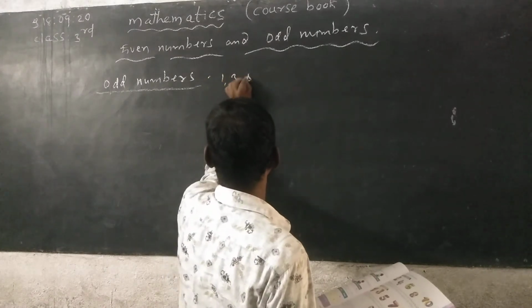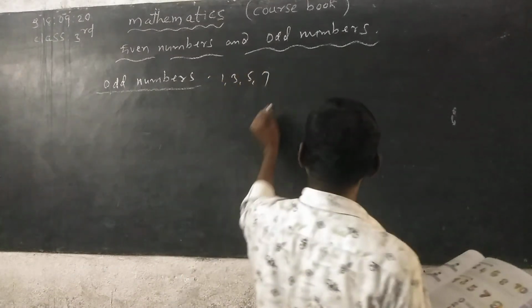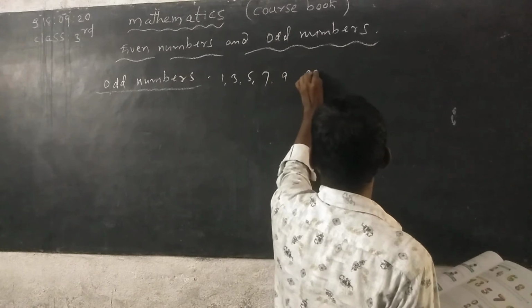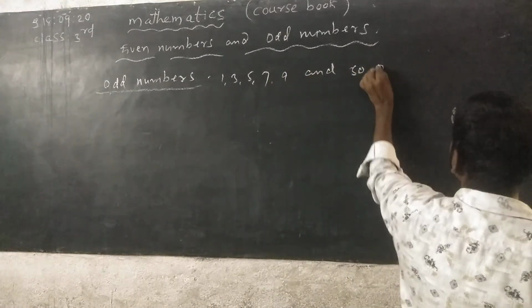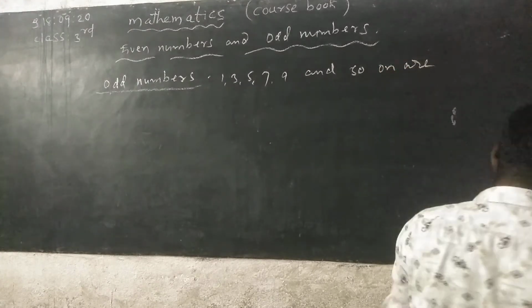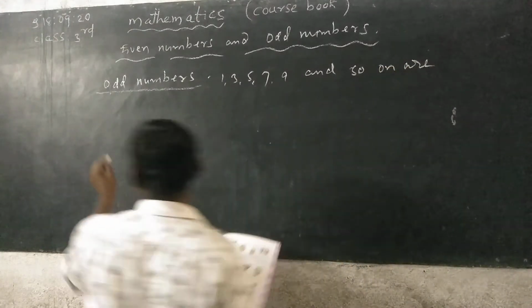1, 3, 5, 7, 9 and so on are odd numbers.